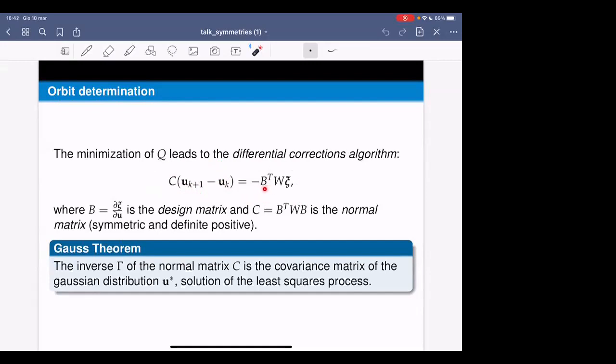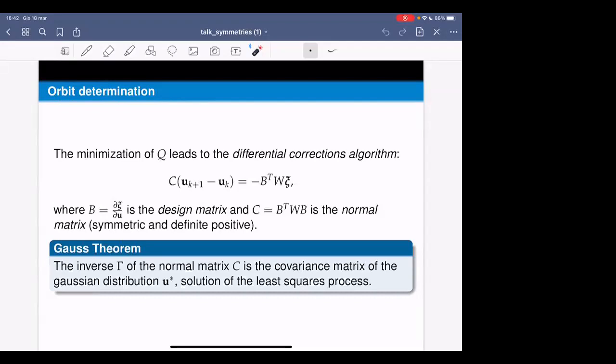Here, the matrix B is the design matrix, which is the derivative of the residuals with respect to the parameters. And C is the normal matrix, which is defined like this: the transpose of B times B, weighted.